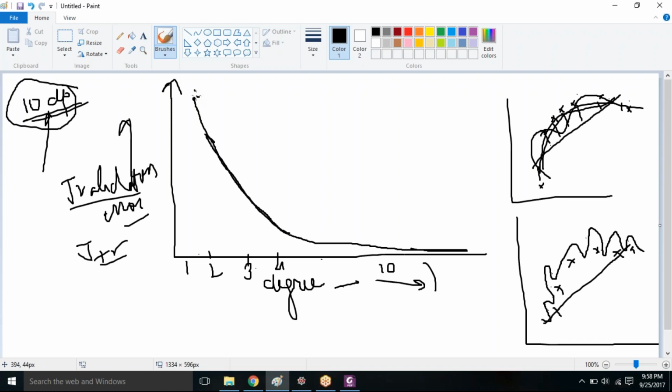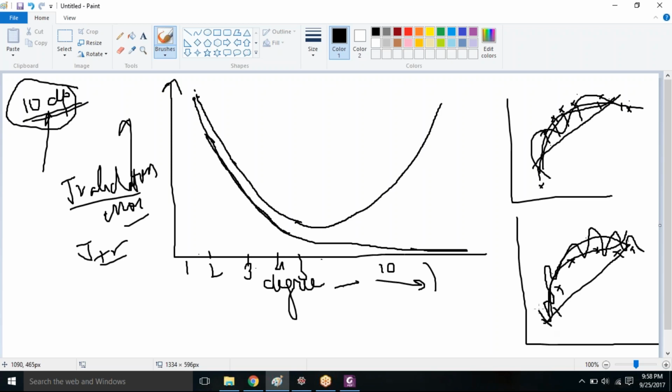It will go down as you increase the degree. But after some point, like maybe degree 5, you will see your validation error increasing again.